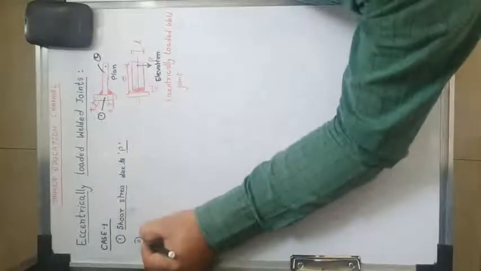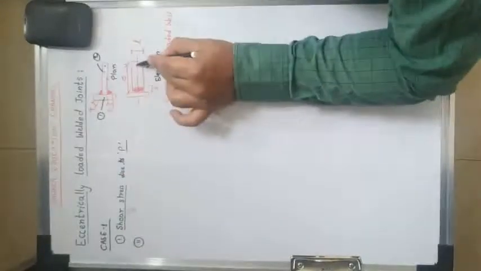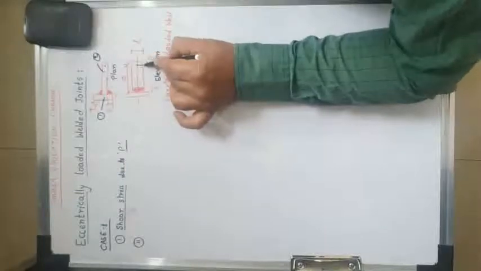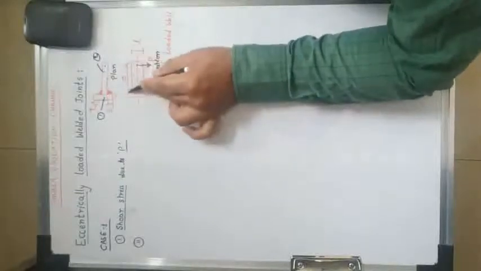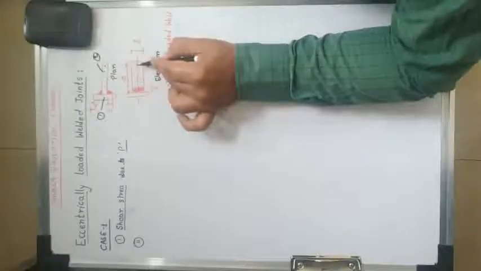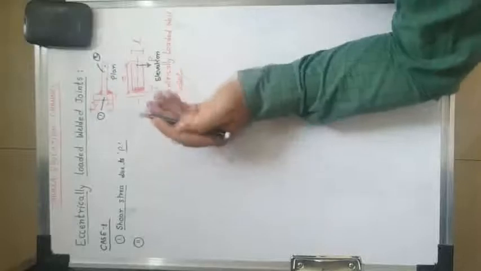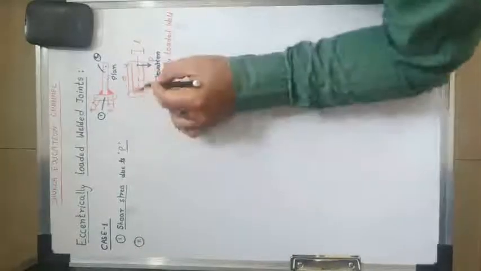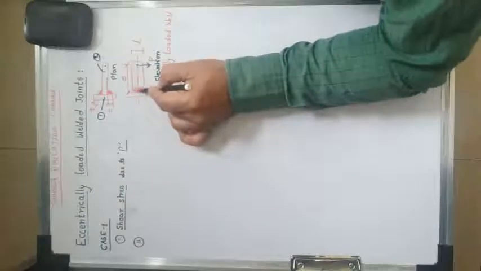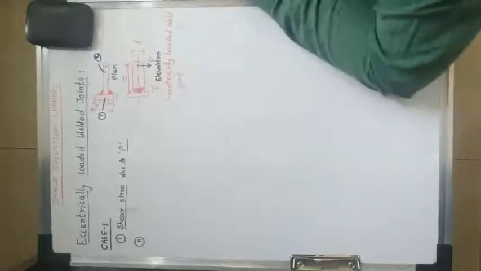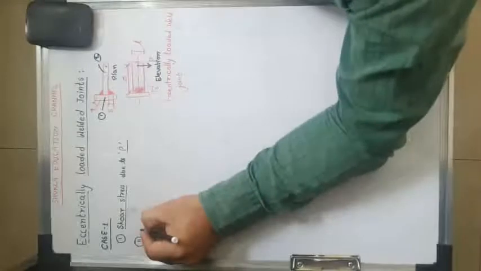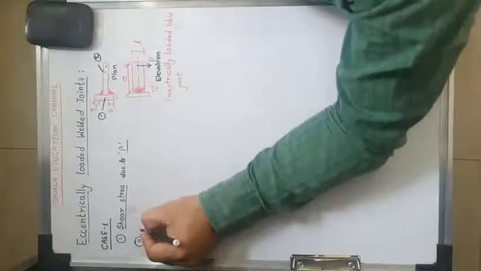And what is the second? Because of the eccentricity, this is P applied here and this is the eccentricity E. P multiplied by E gives a moment. Because of this moment, bending stress is applied. So the second is bending stress.